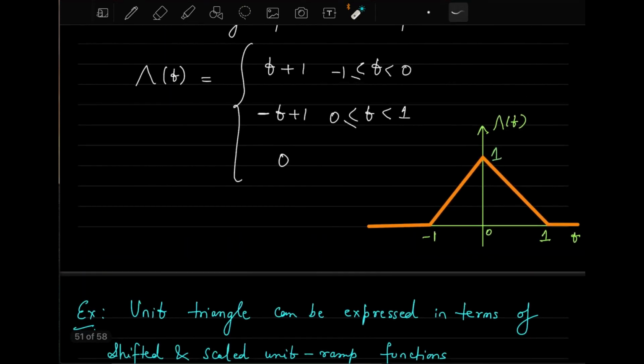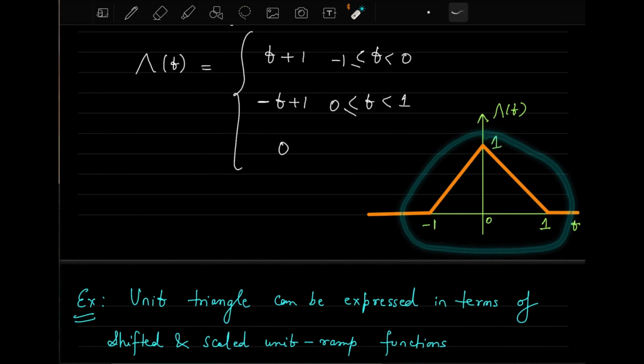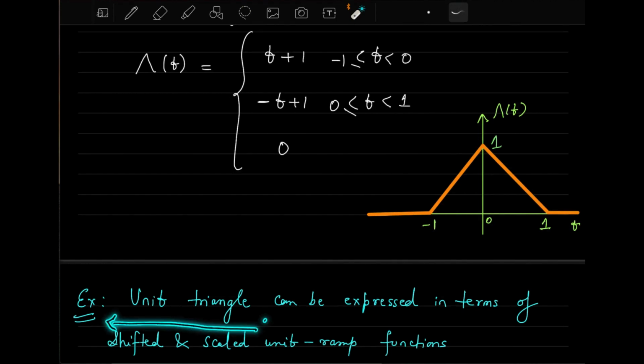The important thing that I pose to you, I'll give you as an exercise. You can do it at home, and we can discuss it next time. We want to express this unit triangle in terms of shifted and scaled unit ramp functions.